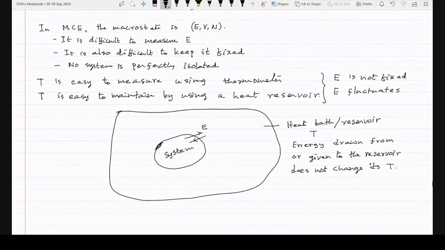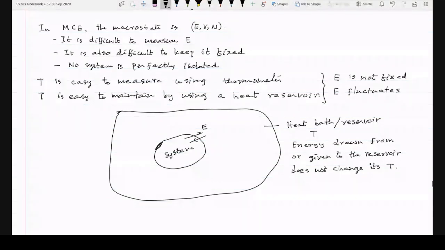This is the property of a bath, and this heat bath is a much bigger system than the system itself. Suppose you are thinking of a cup of coffee which is hot, placed in a room. The room is like the reservoir, and the coffee in the cup is like the system. So usually the reservoir is much bigger in size.